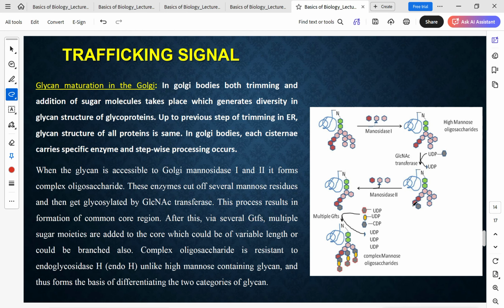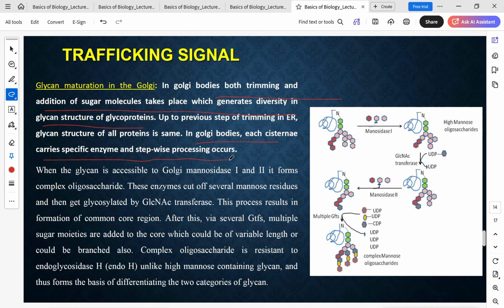Then after the trimming is done, in the Golgi bodies both trimming and addition of sugar molecules take place to generate a diversity of glycan structures in glycoproteins. Depending on what state the cell is in, similar proteins can also have very different glycosylations on themselves. In Golgi bodies, each cisterna carries a specific enzyme for stepwise processing.